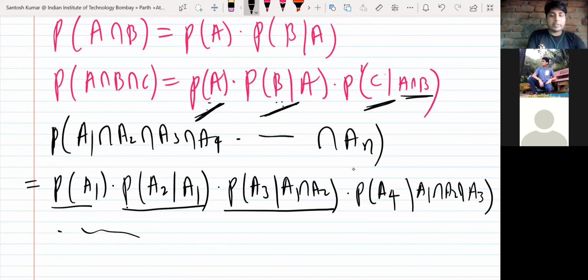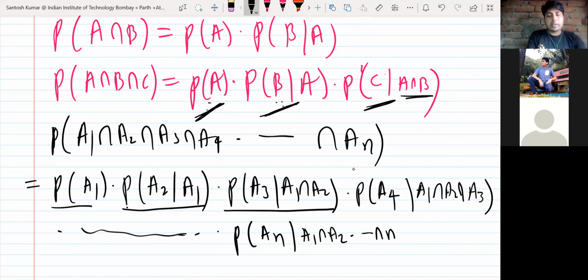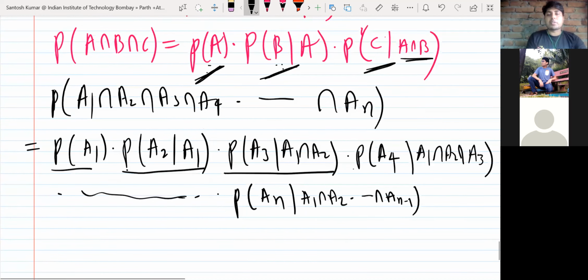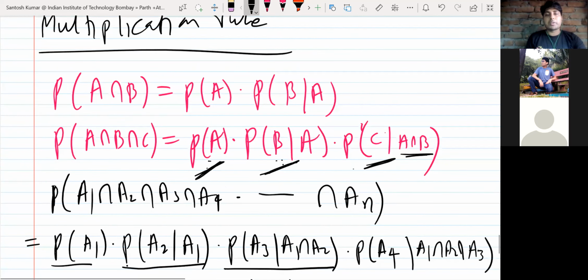Similarly it will go like this. In the end, the last term in the product would be probability of An given A1, A2 up to An minus 1 all have occurred.